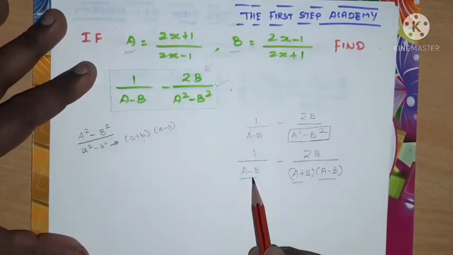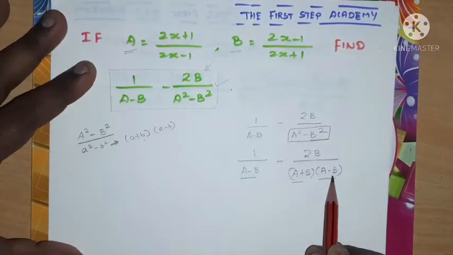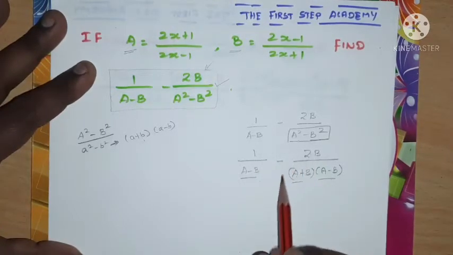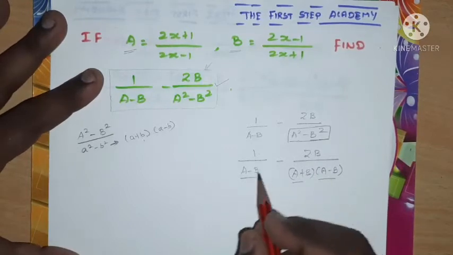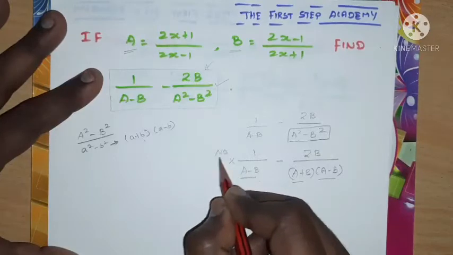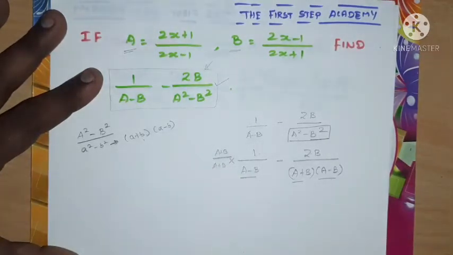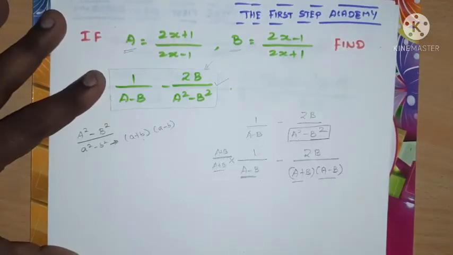So I want to bring the denominator of the first term to the form (a + b) into (a − b), so that it will be easy to subtract the numerators, right? So I'm going to multiply the first term by (a + b) as well as divide by (a + b), so the value will not change. At the same time, the denominator becomes common for both terms.